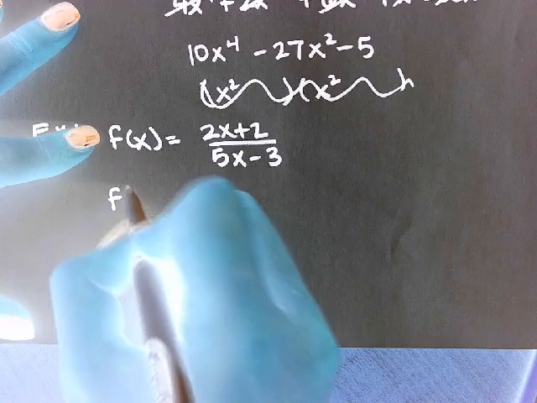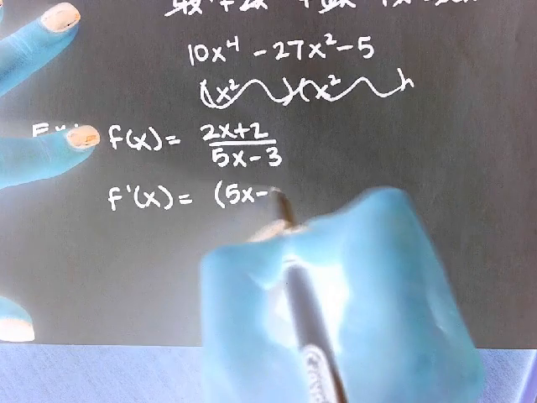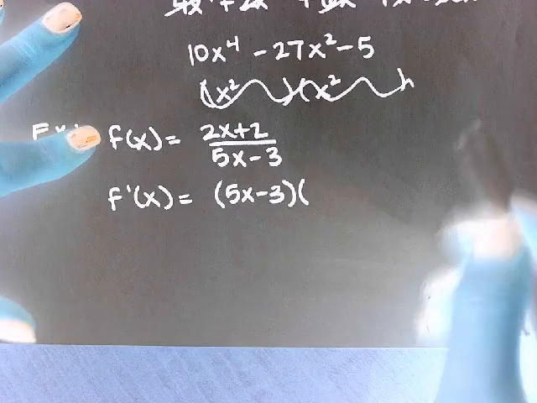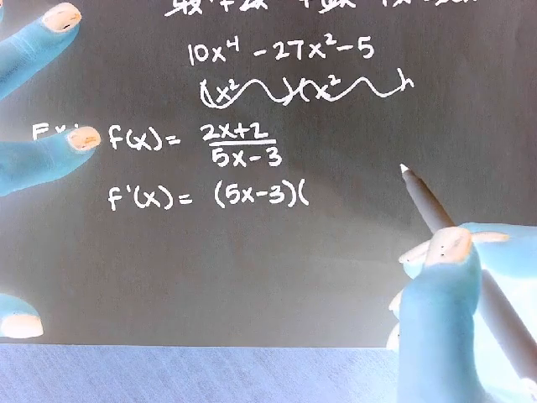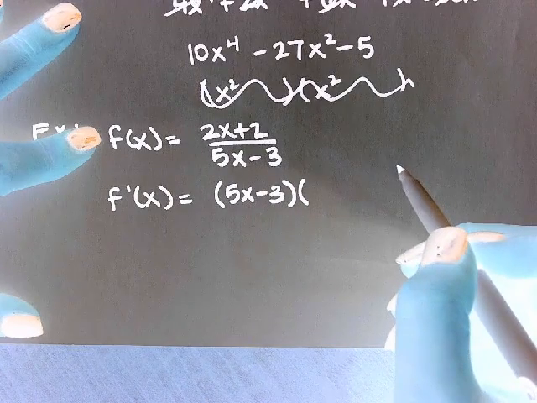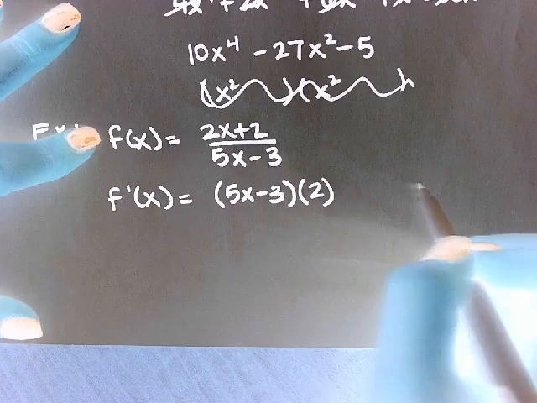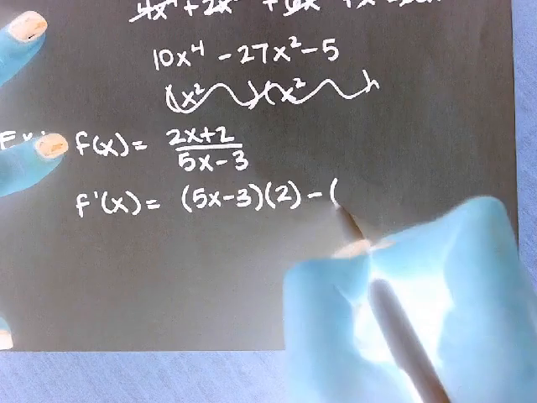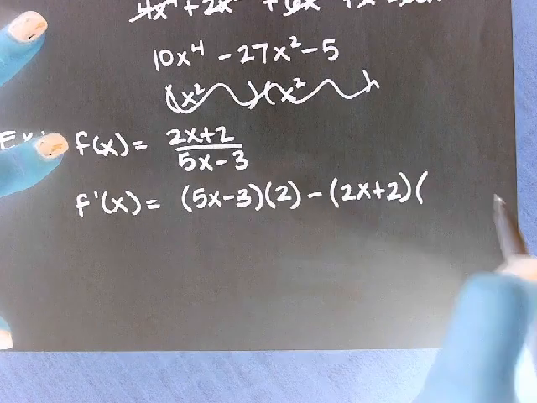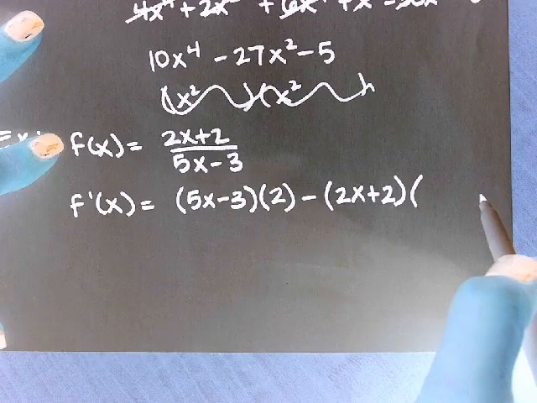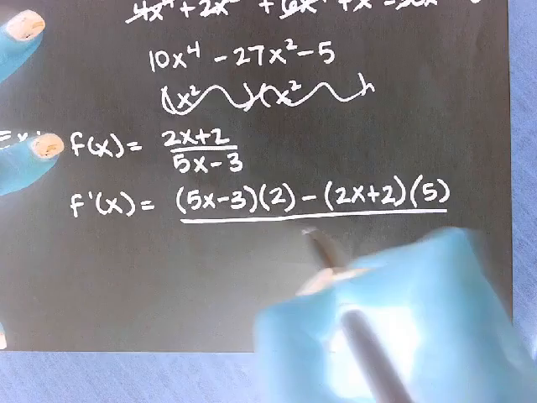So we start with the bottom, times the derivative of the top, which is 2, minus high D low, so keep the top the same, and what's the derivative of the bottom? 5, divided by low squared.